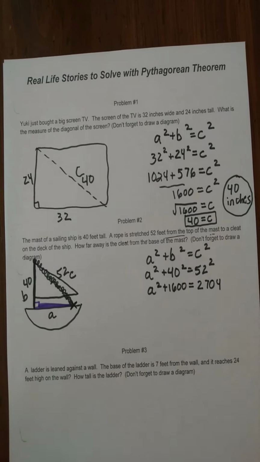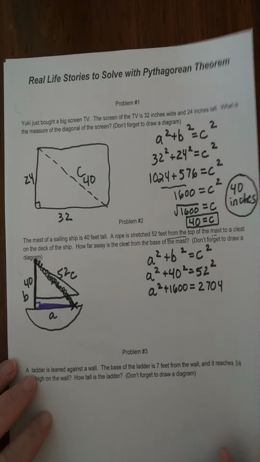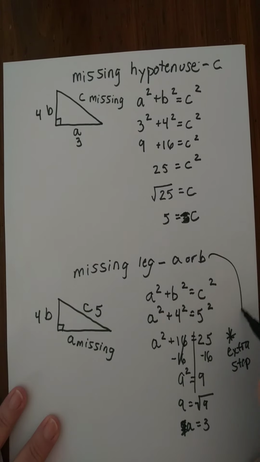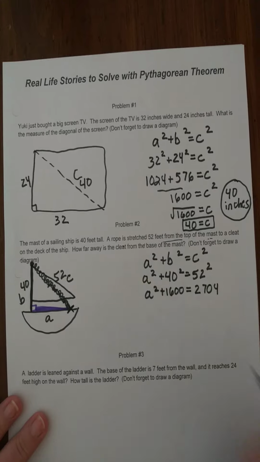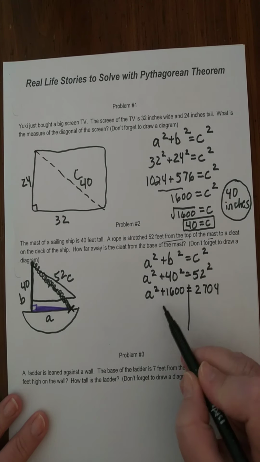Okay, so now this one, because there's a leg missing, we are going to have to do the extra step. Because remember, when we're missing the leg, we have the extra step here of subtraction. So, let's try to get A by itself, which means we need to get rid of that 1,600.